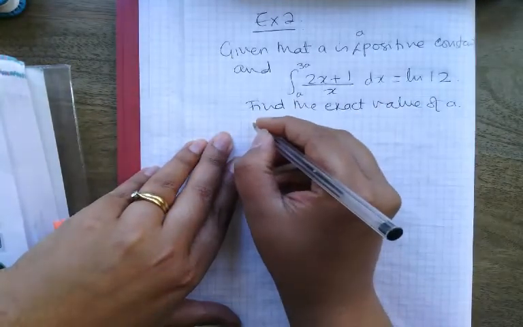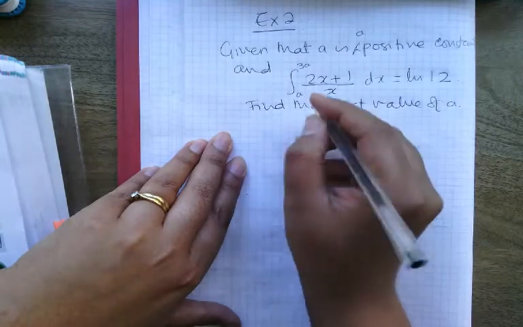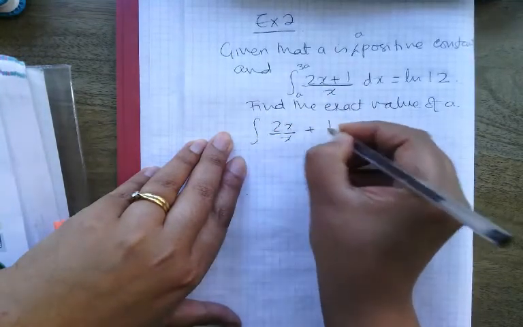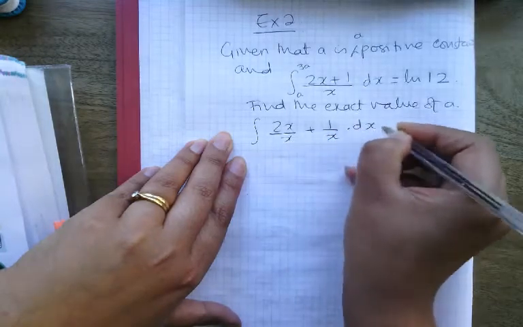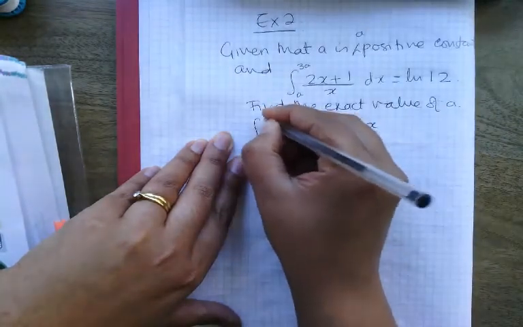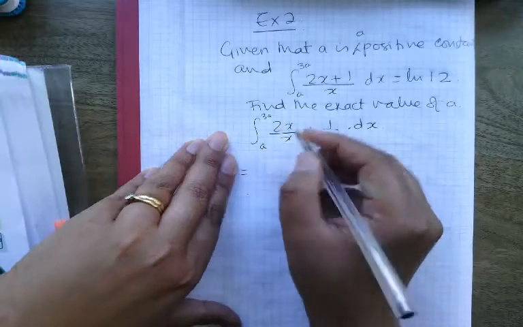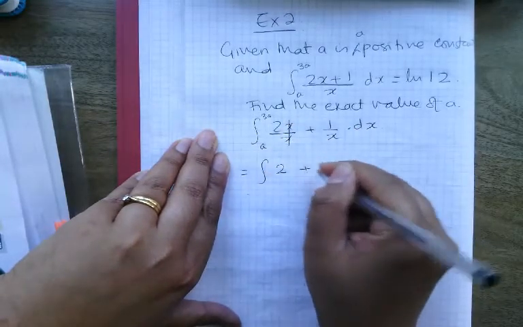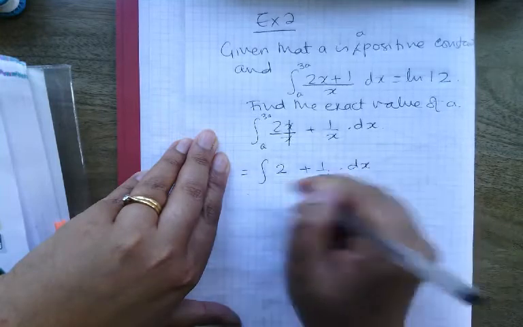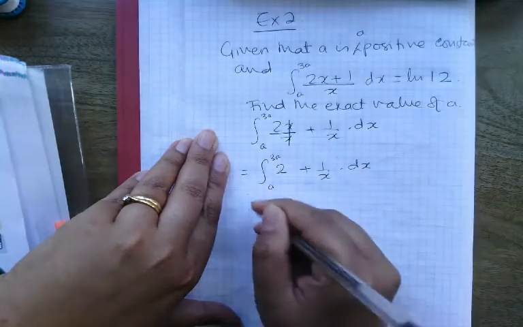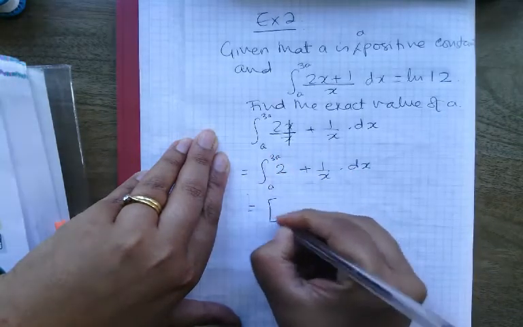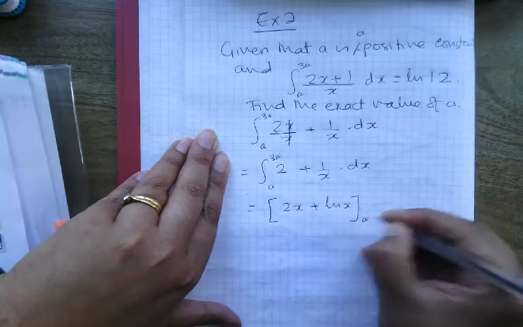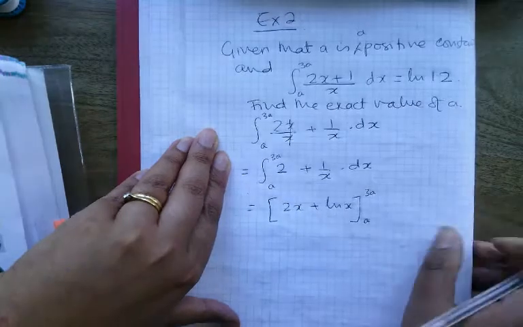Okay, so I'm first going to split this up like this. If I then simplify it further, I'm going to get 2 plus 1 over x dx. If I then integrate it, I am now going to get 2x plus ln x, and I've got the limits there.